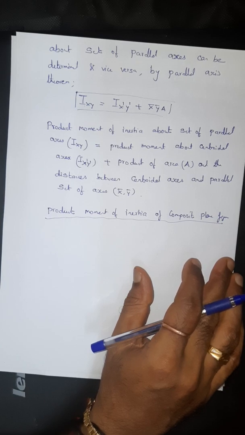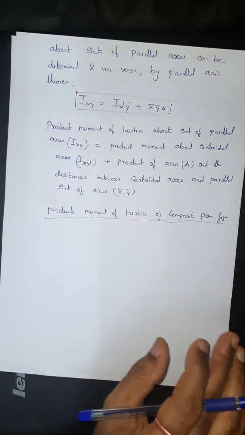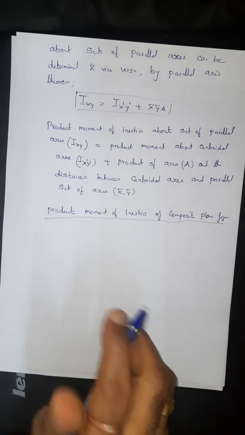In general, the product of inertia of a composite plane figure is determined with respect to the centroidal axis. If required, the product moment of inertia about the set of parallel axes can be determined by using the parallel axis theorem, isn't it?